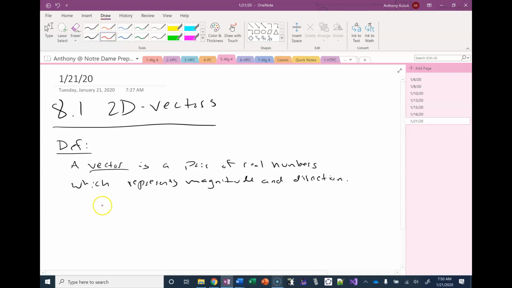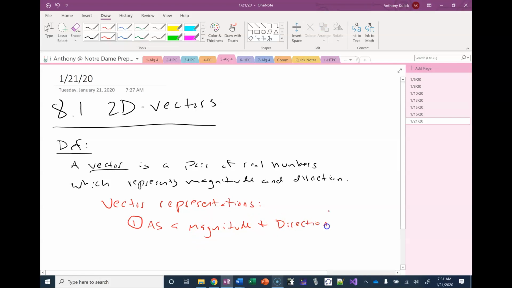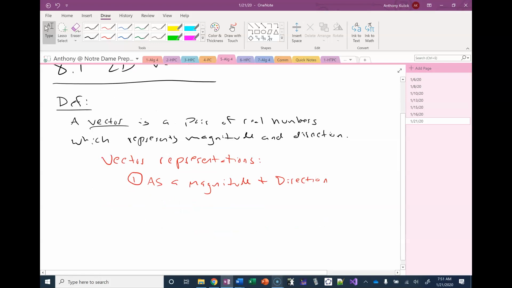So we can represent a vector in a couple of different ways. So we can represent a vector just as two numbers, a magnitude and a direction.